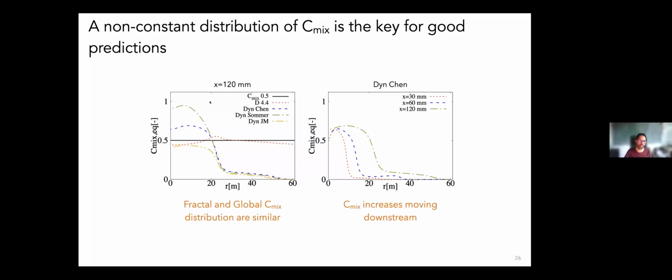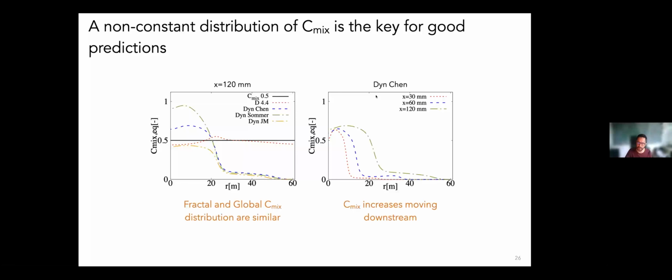So you see that basically a non-constant distribution of Cmix is, in this case, the key to getting good predictions, and this is accomplished only by using these local models. When you look at the fractal model, you see that there is a very small impact of this fractal term, and mostly the equivalent Cmix stays around the value that we specified in the global models, which was 0.5 in this case, okay?